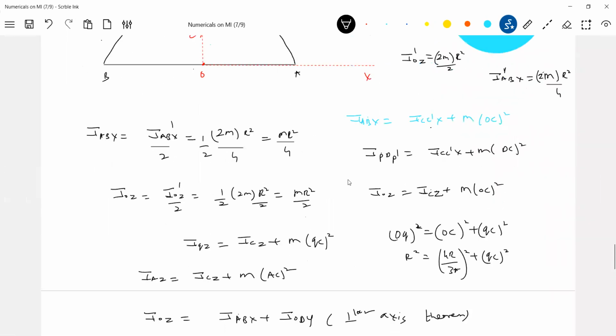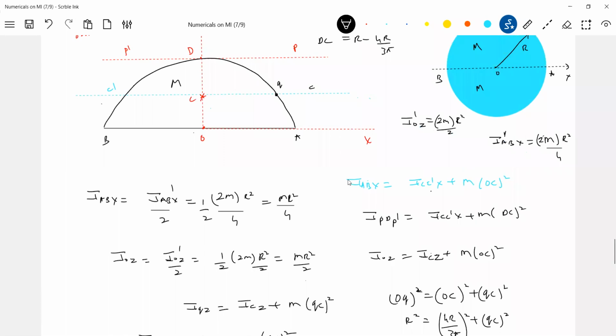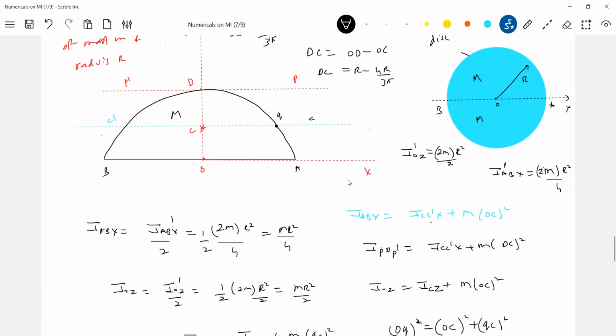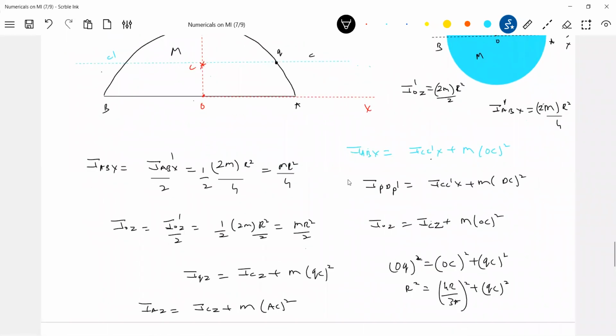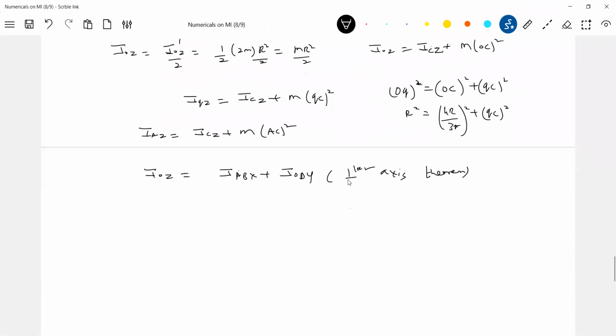Not for the circular disc, for the semicircular plate. You have to check by mathematics and not by seeing. Okay, I'll take it back. So cross verify once. Okay, let's go for the other objects.